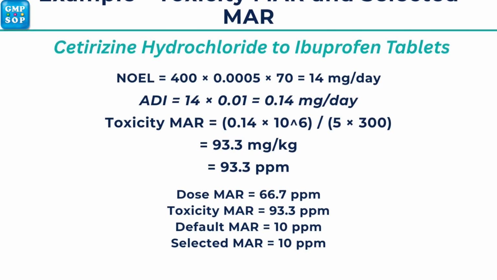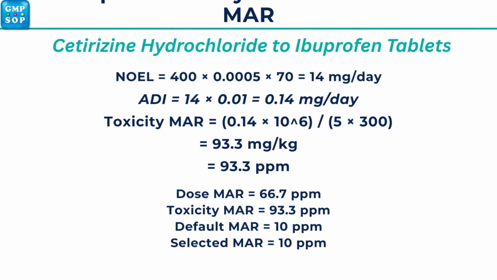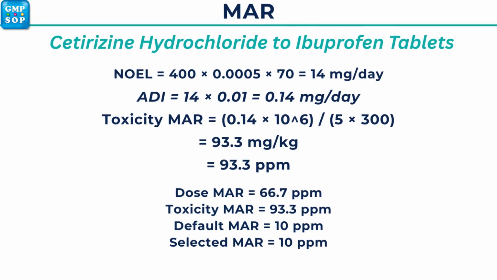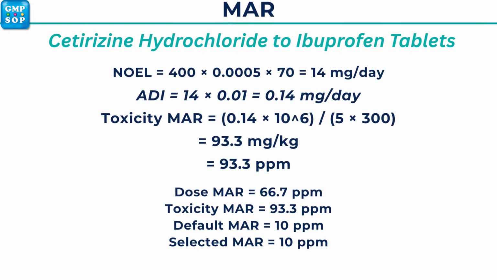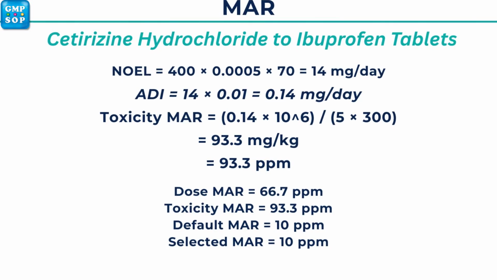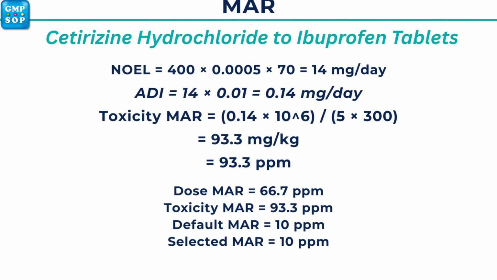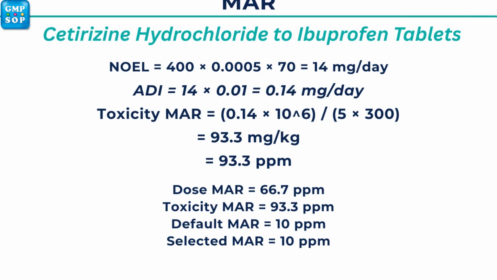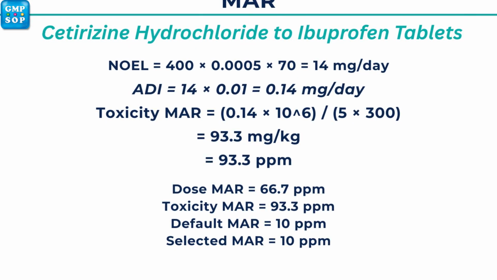Toxicity MAR equals 0.14 multiplied by 10 to the power of 6 divided by 5 multiplied by 300. This equals 93.3 milligrams per kilogram. So, the toxicity MAR equals 93.3 parts per million.